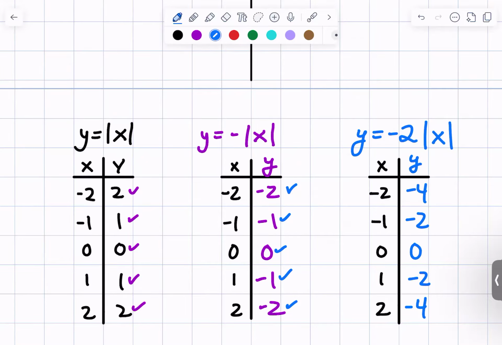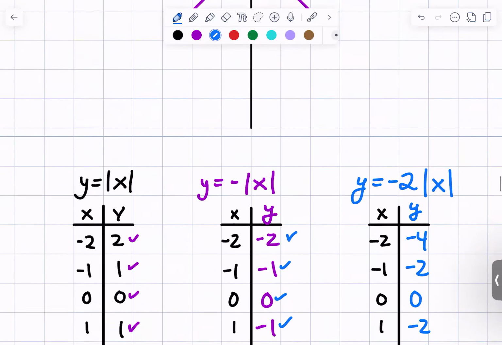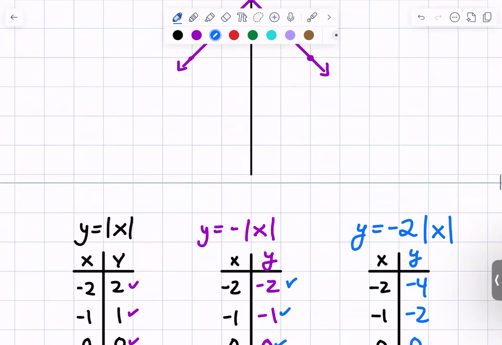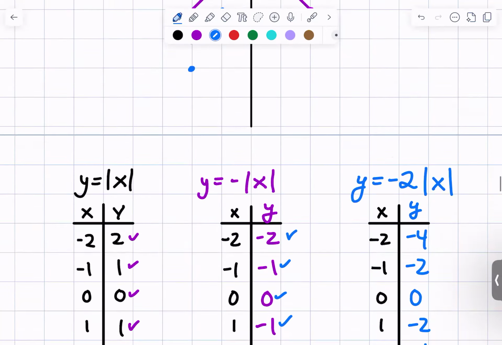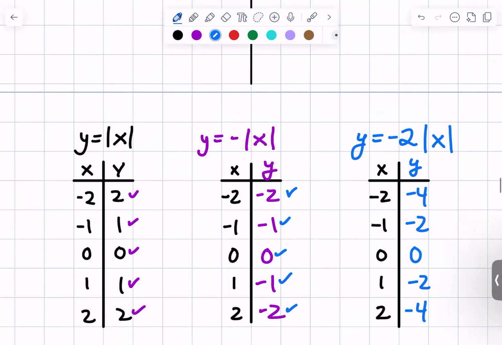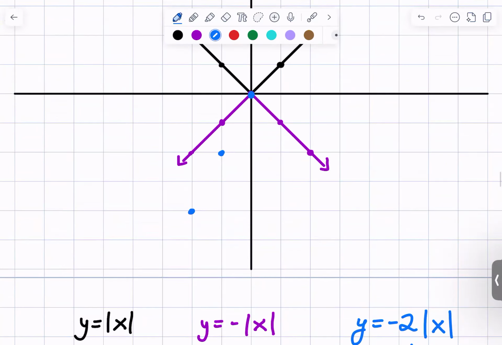And literally, we're going to plot these points. Okay. Negative 2, negative 4, negative 1, negative 2, 0, 0. Next 2 points, negative 1, 2, and 2, 4... positive 1, negative 2, positive 2, negative 4.